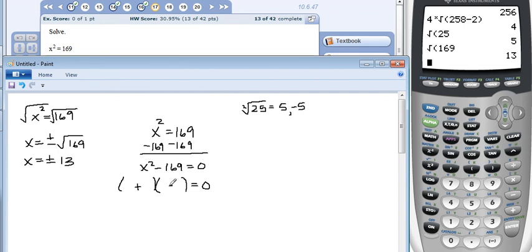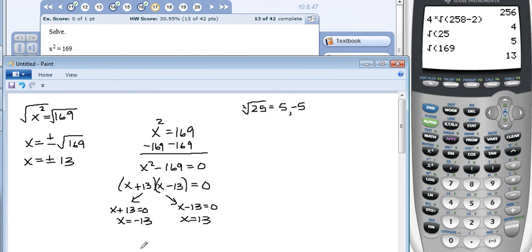One plus, one minus. Square root of the front one goes in the front. Square root of the back one goes in the back. So either this is 0 or this is 0. So either this is negative 13 or this is 13.